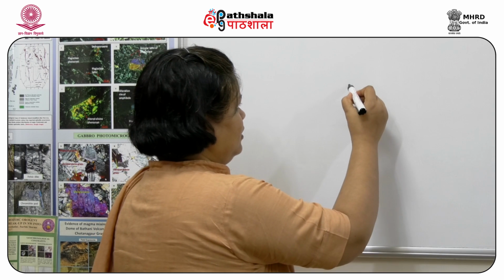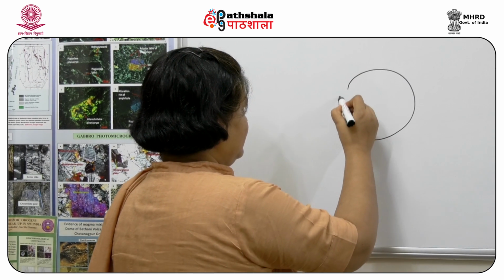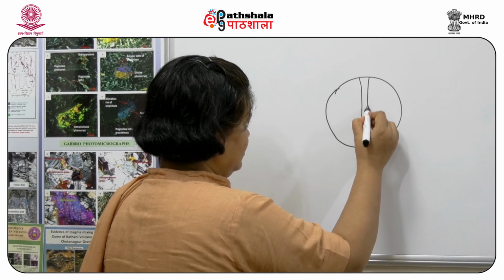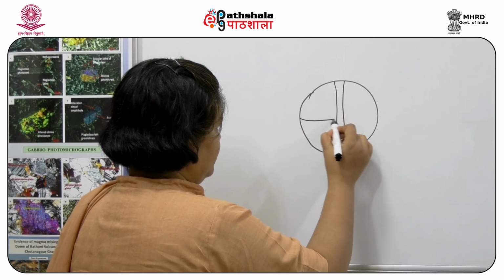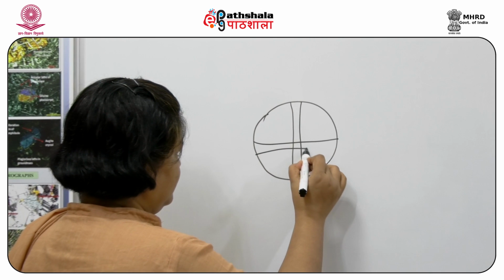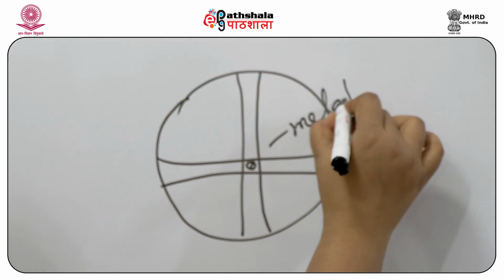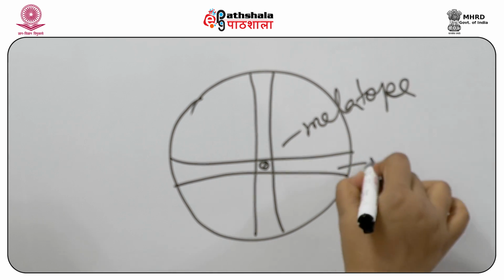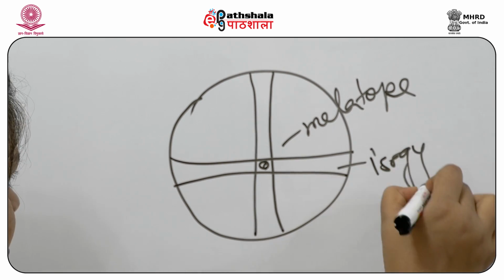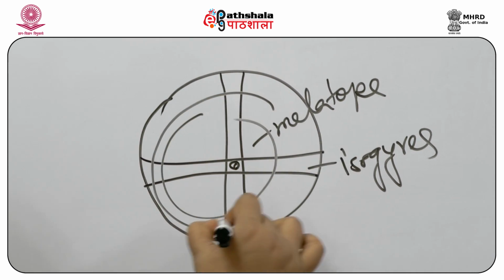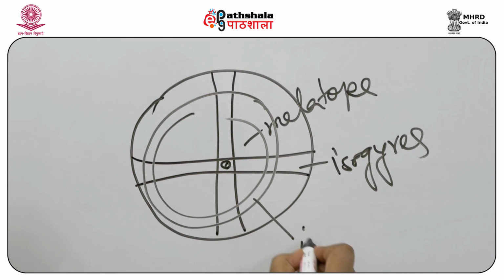Here we have a uniaxial interference figure, wherein we have two isogyres which are constant. Here we have the melatope. These are the isogyres. And here we have the concentric colored rings, which we call the isochromes.